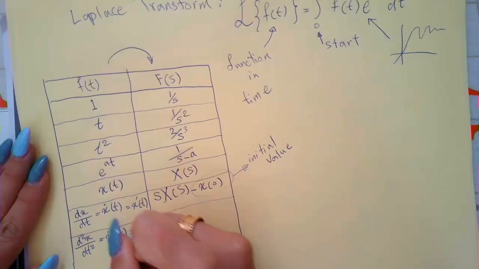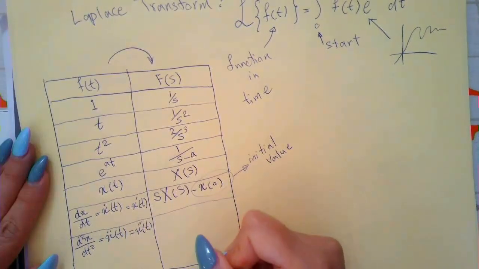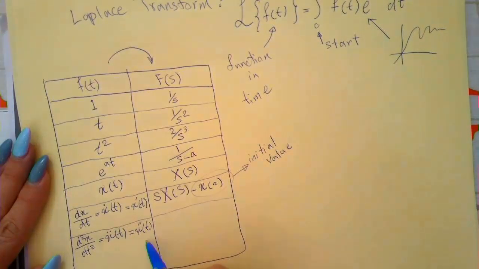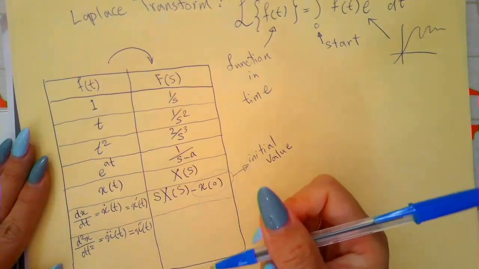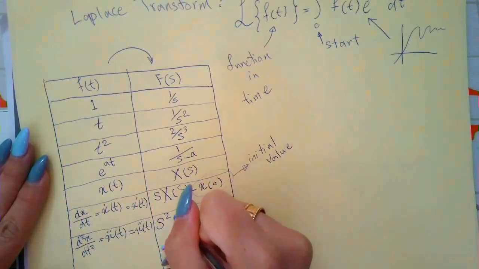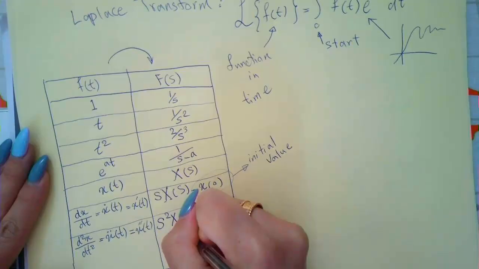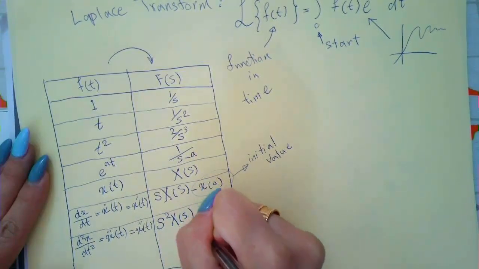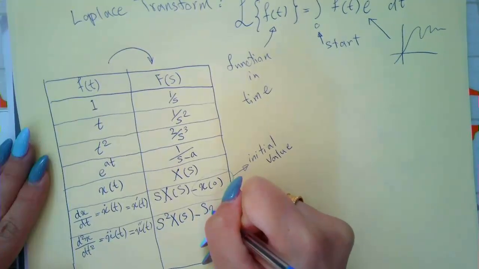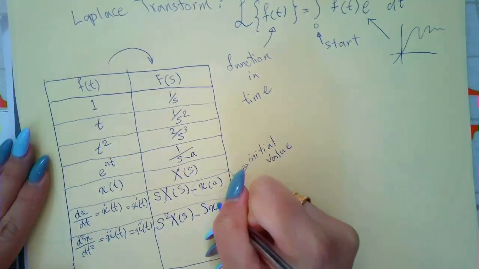I am going to use x double dot for these examples. When we have that, the result of the transform is going to give us s squared X of s minus s x of 0.